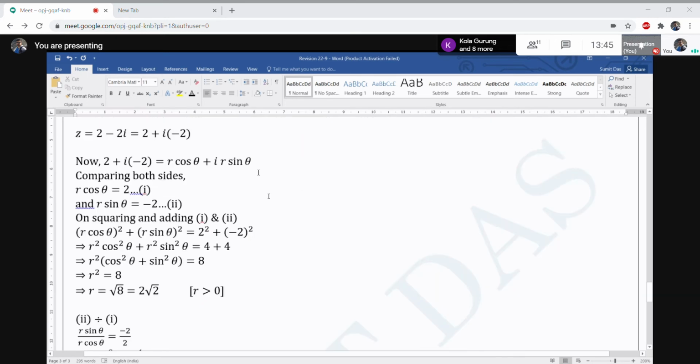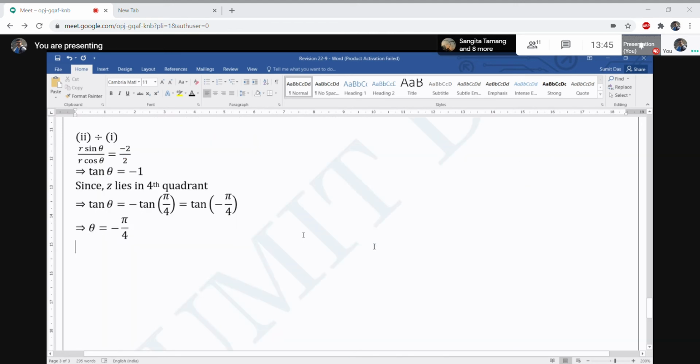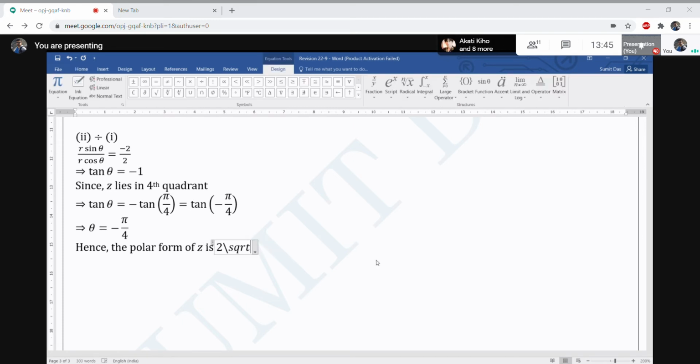This is actually a 4-mark question, not a 2-mark question. So we have to write it in this form: r cos theta plus i r sin theta. Hence the polar form of z is, r is 2 square root of 2, inside the bracket cos of minus pi by 4 plus i sine of minus pi by 4.